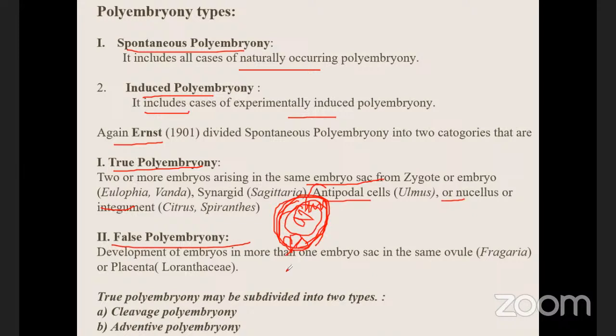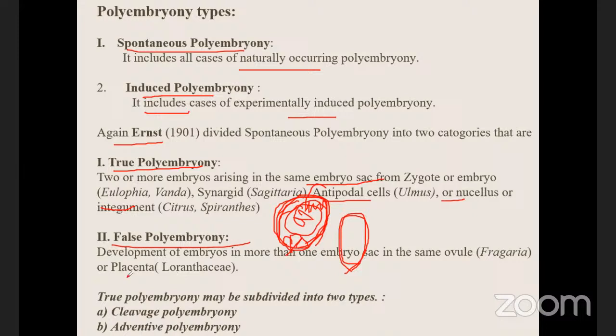You see, the false polyembryony is in the same ovule, but not from the embryonic tissues, other than the embryonic tissues. If the embryos come from tissues other than the embryonic tissues in the ovule, that is false polyembryony.